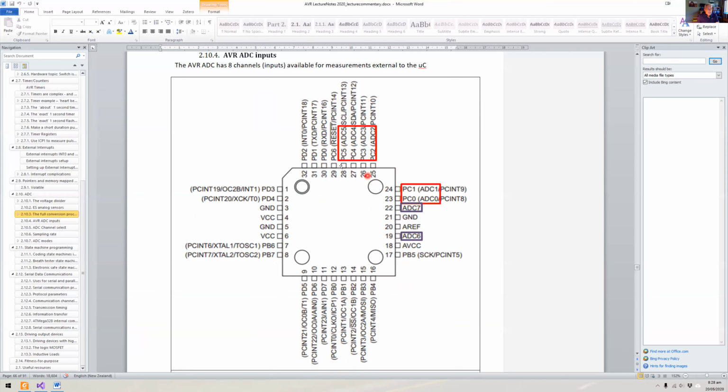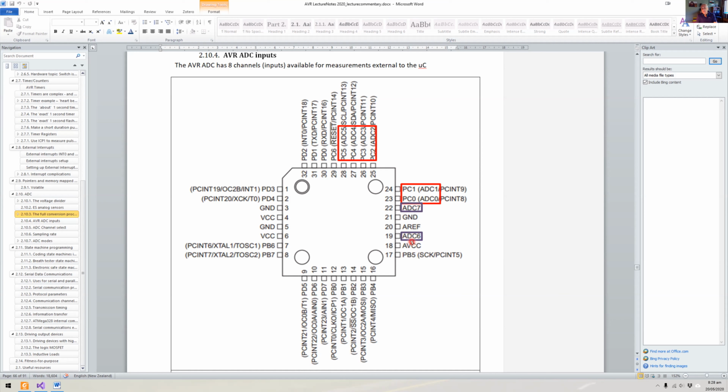So for instance, PC0, PC1, so that's port C, and up to PC5, these are all analog to digital pins, which of course can be used as both general purpose digital I/O pins as well as analog inputs. But on this package, which we don't have on the DIP package, is ADC6 and ADC7. So these are two other inputs to our microcontroller.